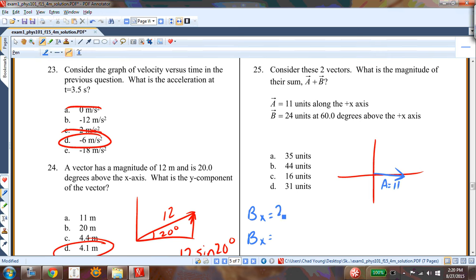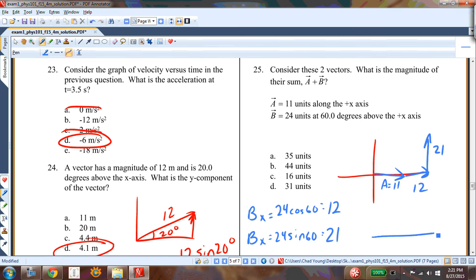Bx is 24 cosine of 60, and By is 24 sine of 60. So this is 12, of course. This is 21. So my Bx is 12, and my By, which I'll draw right here, is 21.